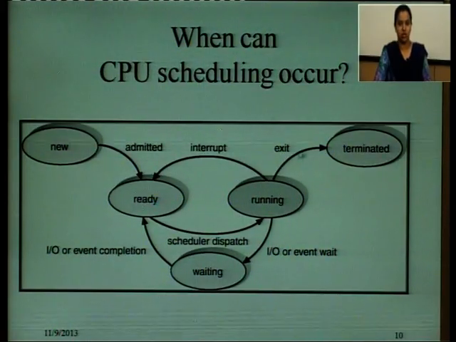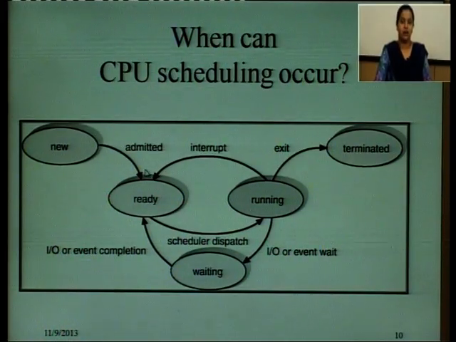When it gets all the resources to execute, then the process is in the running state. Then when the process is run and executed successfully, we exit and it is terminated. But until the process does not meet its resources, it is in the waiting and interrupt state.